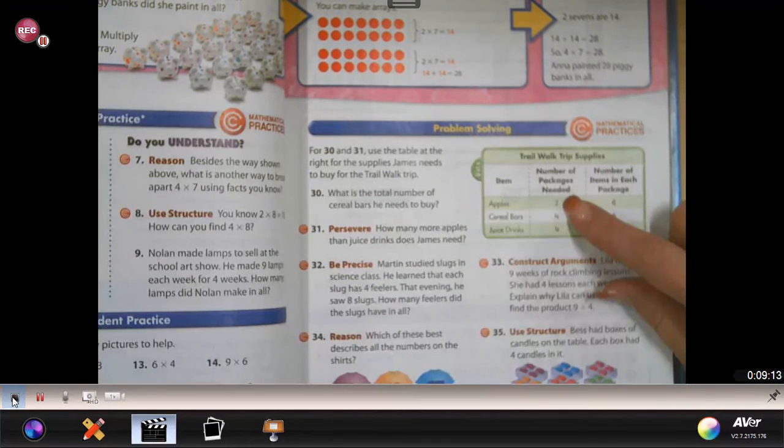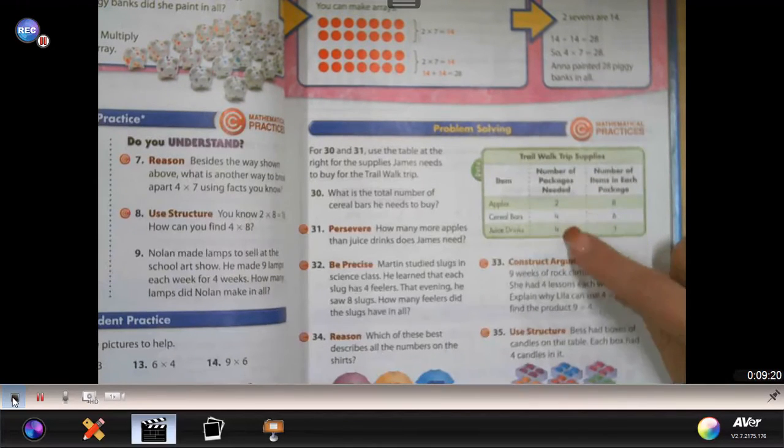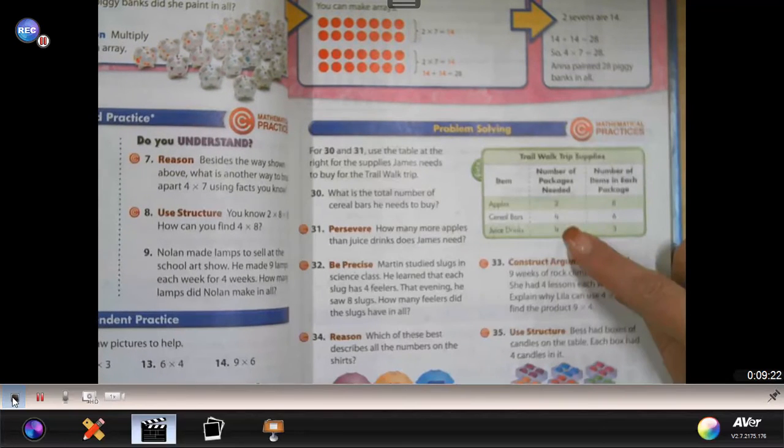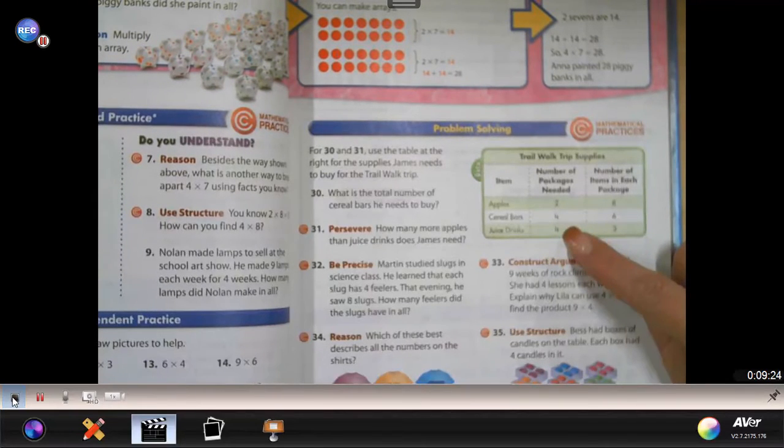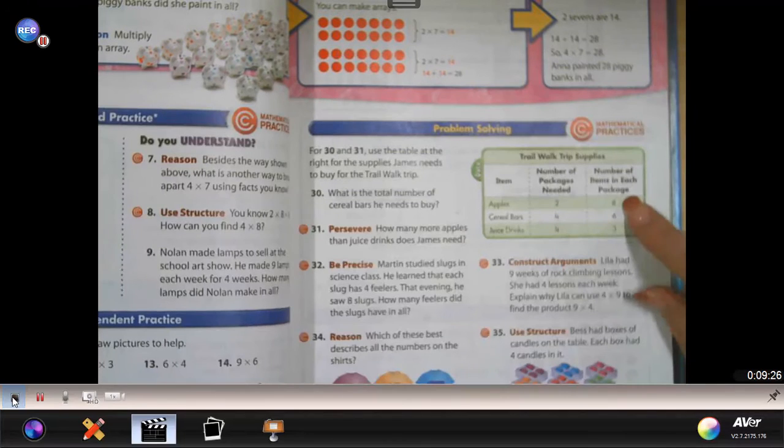He's buying 2 packages or 2 groups of apples. He's buying 4 packages or groups of cereal bars, and he's also buying 4 groups or 4 packages of juice drinks. Now here in my next column, it tells me how many of these items are going to be in each package.